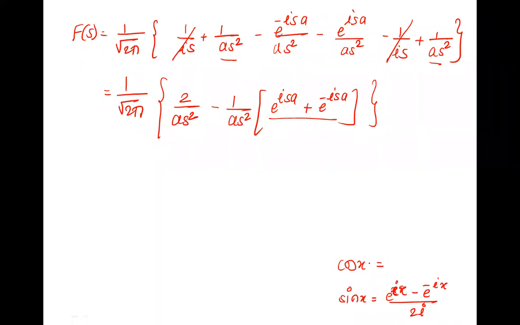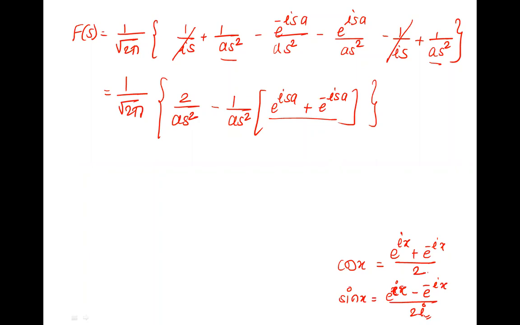And what about cos x? e raised to ix plus e raised to minus ix upon 2 only, not 2i. Sin needs i, cos doesn't need i. So only 2. There is plus here and there is minus. So cos needs just 2, and sin needs i also.